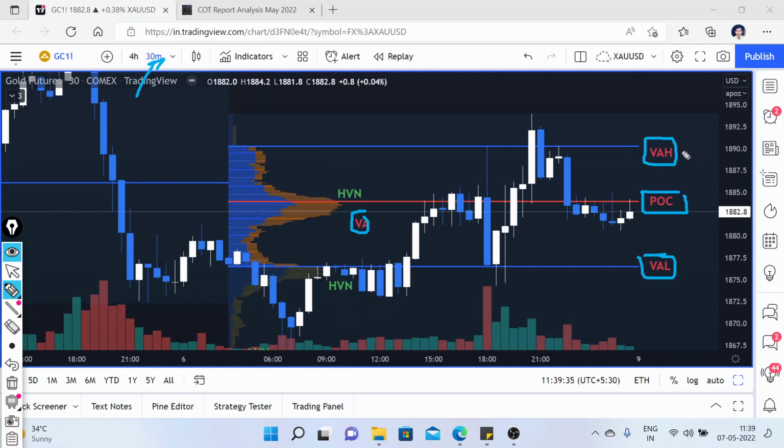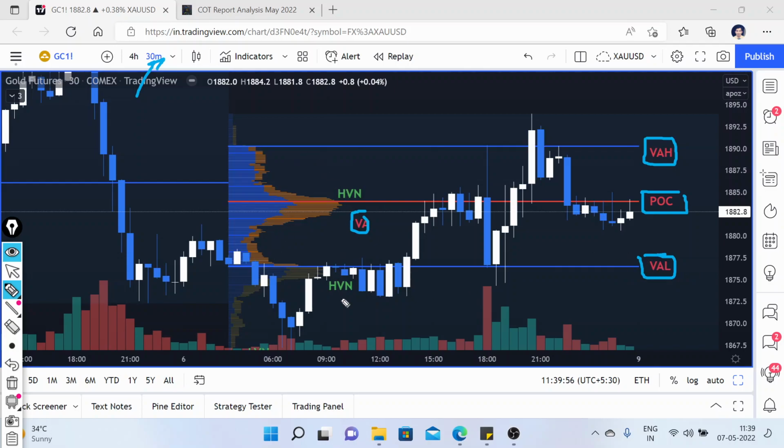As you can see, TradingView automatically helps you plot this level, because it automatically generates the value area high on the basis of calculation, and the value area low is the lowest point of that value area.